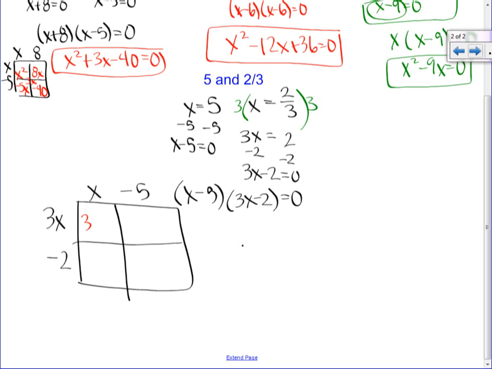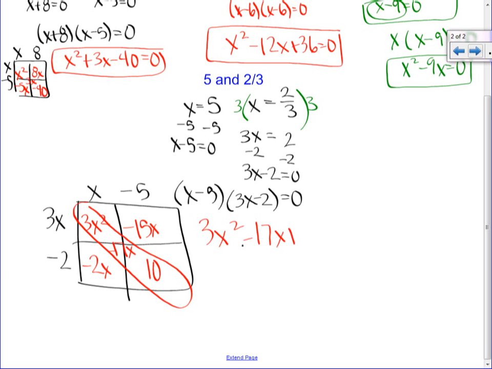So we've got 3x squared here. And 10, which is negative 17x in the middle. So here's our answer right here, which is 3x squared minus 17x plus 10 equals 0.